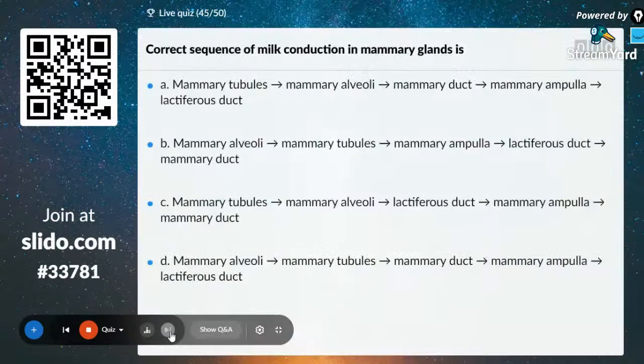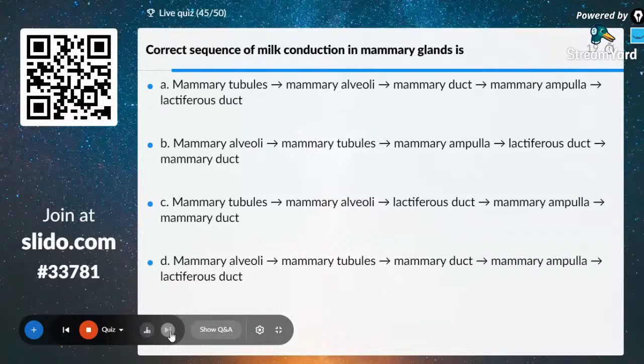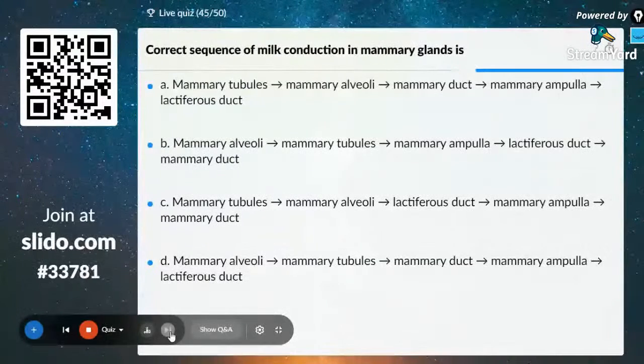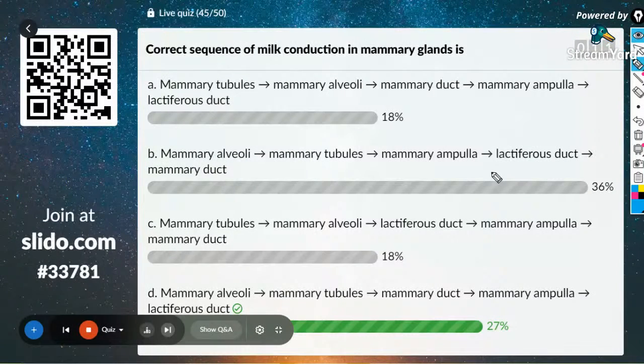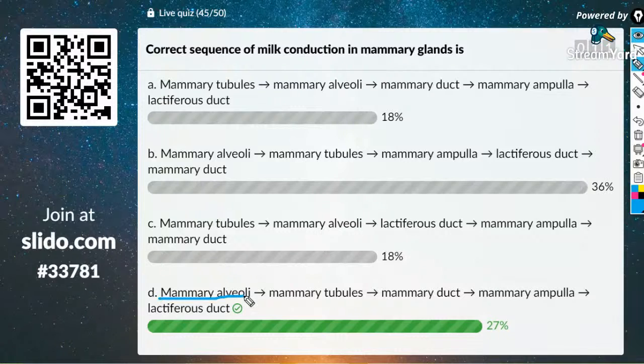Important question from the chapter, very much time important. Correct sequence of milk production in mammary gland is given in the options, and the correct answer is option D. Look, it is mammary alveoli, mammary tubules, mammary duct, then only mammary ampulla.